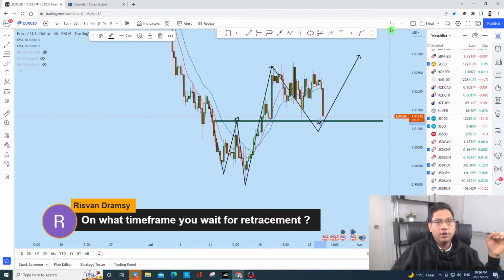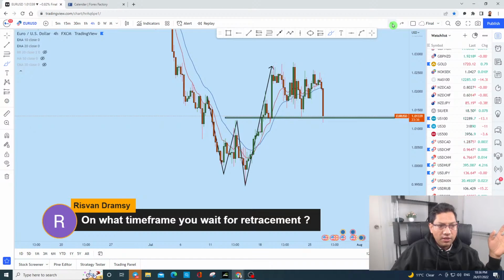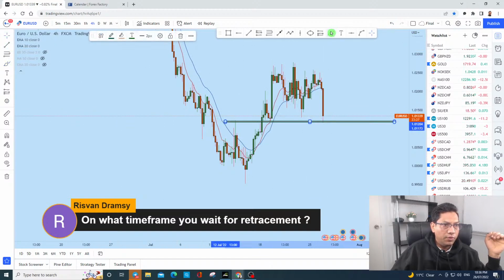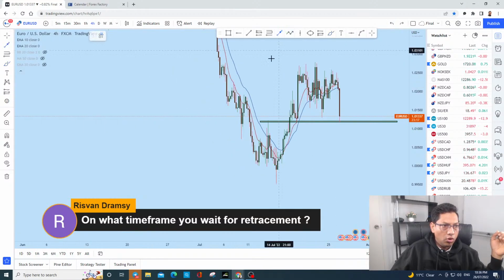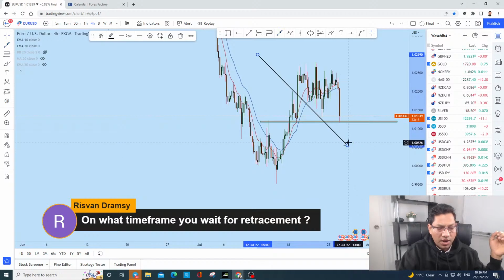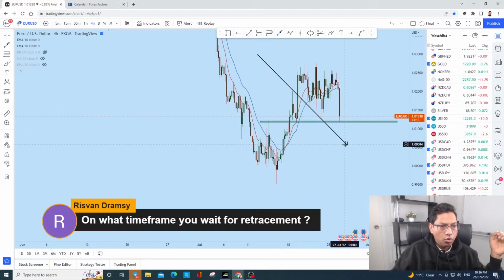Normally this is a sign of reversal: when the price comes to the neckline of this reversal and the resistance is tested as support, that's how reversals happen. But as you know, this is a long-term downtrending market, so we don't know which way it's going.